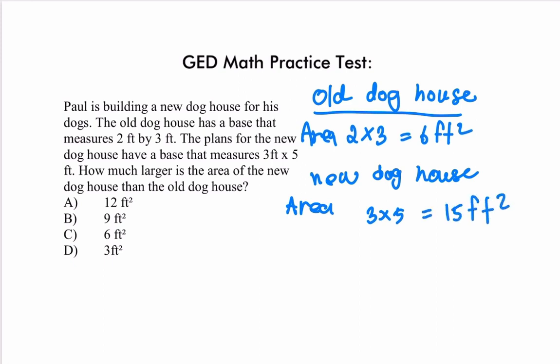So what is the difference? Because they ask how much larger, we need to subtract these two. It will be 15 minus 6 equals 9. So the answer is B.